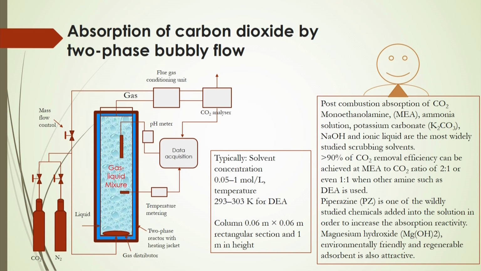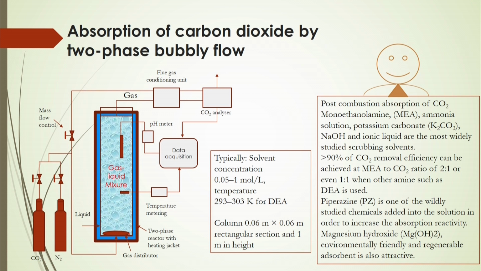It is sometimes called a sparger, made of a plate with n number of holes, arranged in a triangular or square pattern, or sometimes a nozzle system, through which gas comes into the column and is dispersed as a dispersed phase of bubbles.